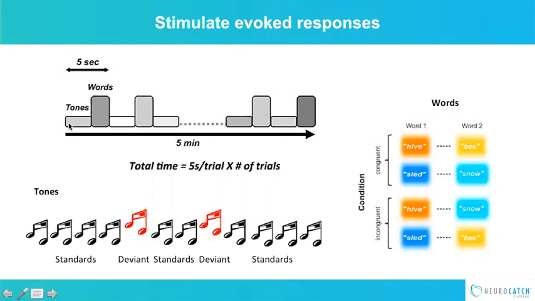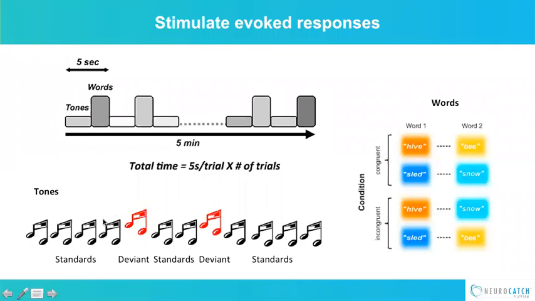So you put in earphones and you hear these basic auditory tones that get you ready for hearing a word pair that either matches or doesn't match. So what we can do is we can repeat this sequence multiple times to get lots and lots of stimulus examples and put that into the signal averaging. And in neurocatch, the goal is to be around 5 or 6 minutes. So we get as much information in a short possible time.